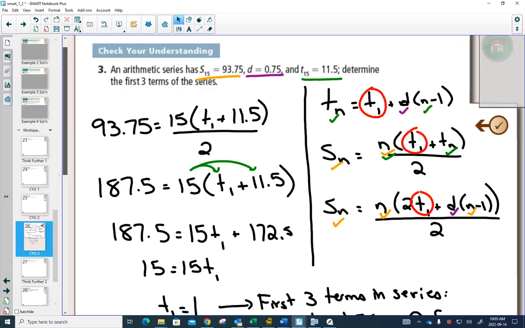There will be some questions, and I think I have some on the pre-quiz online and on your quiz as well, where it asks for the sum, but there are 2 things in the formula you don't know. So if I asked you for the sum, and I didn't tell you term 1 or the last term, you couldn't use this formula, not yet.